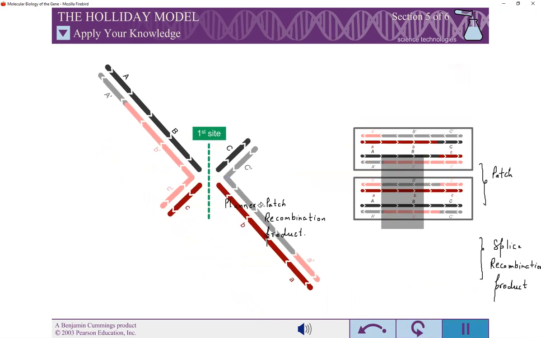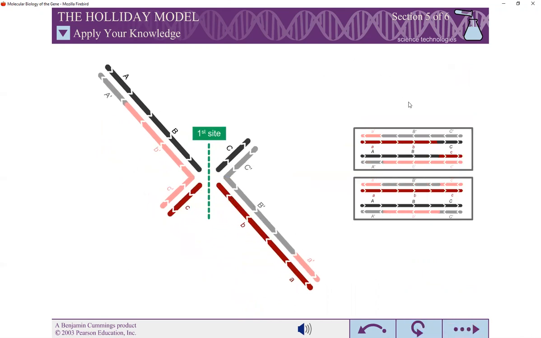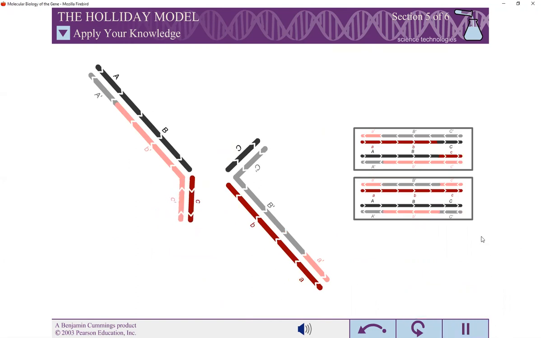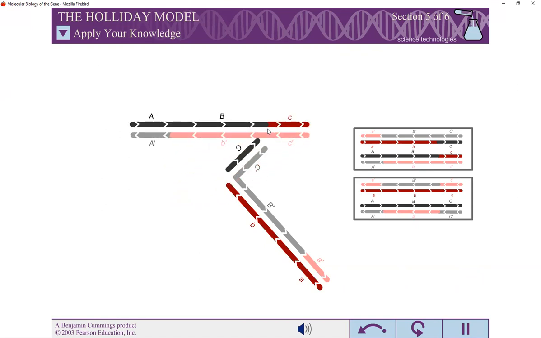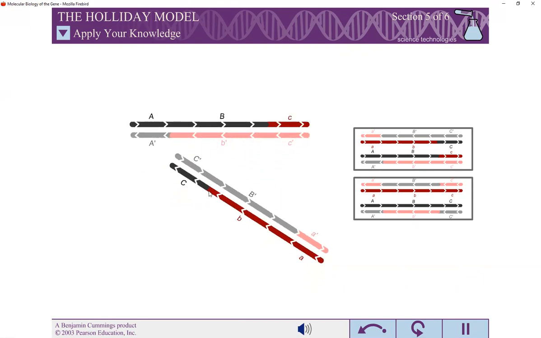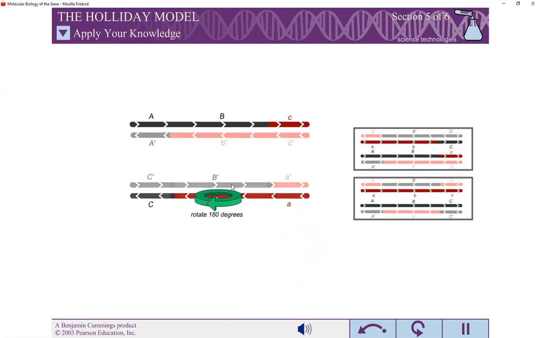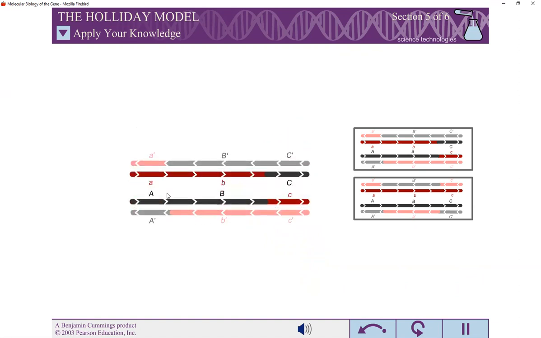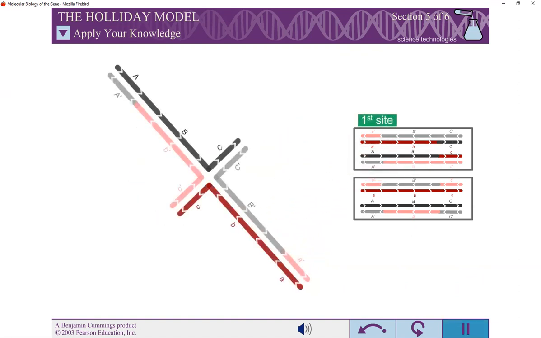See this? These are the two DNA strands. I have cleared all the annotations. Look here. This is the splice recombination product. In the case of the splice recombination product, there is the identical parental, then there is the heteroduplex, and then there are the crossover products that have been obtained.